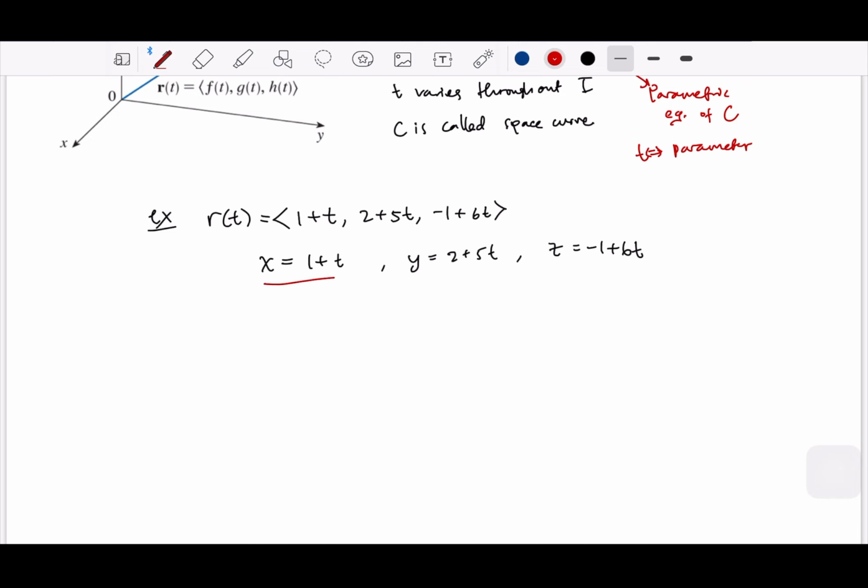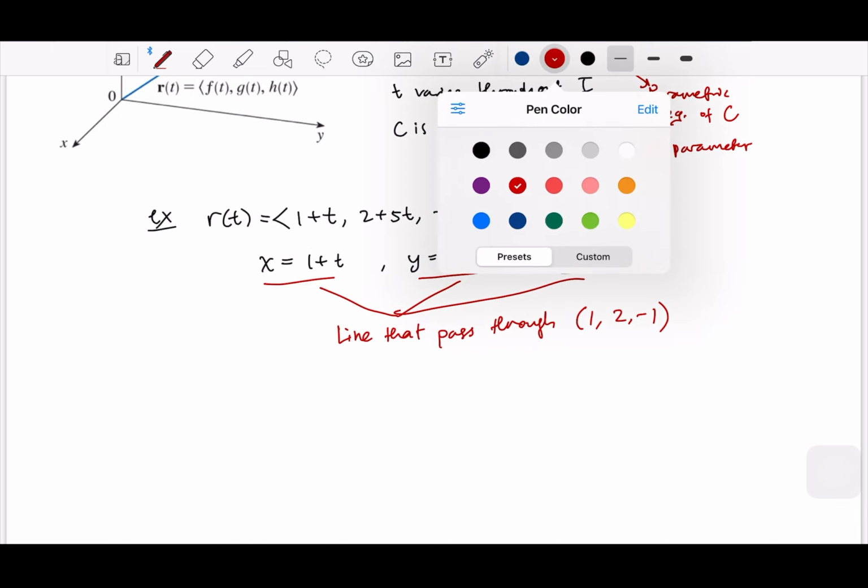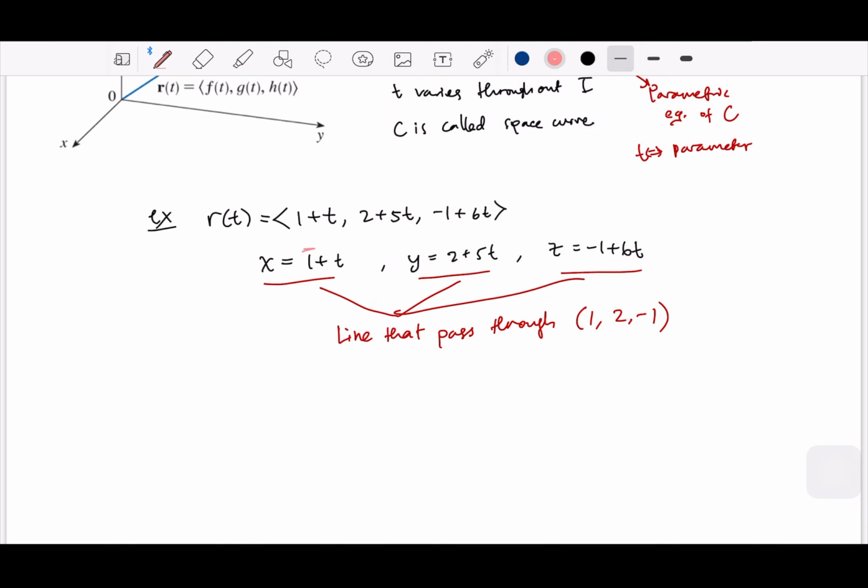If you remember the equation of a line, then we know that this is actually a line that passes through (1, 2, -1).